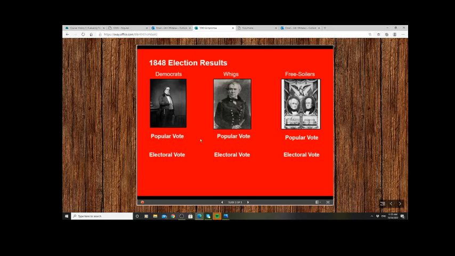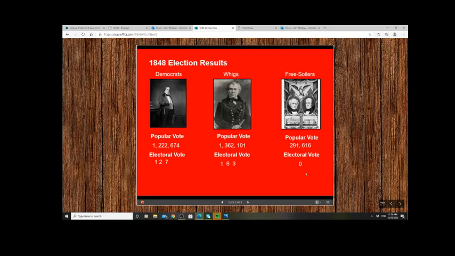So the way things work out, you know the American system does not really care too much about the popular vote. The popular vote is won by the Whigs, by Zachary Taylor, but what's really important is the Electoral College vote, and the Electoral College vote goes the way of Taylor and the Whigs.